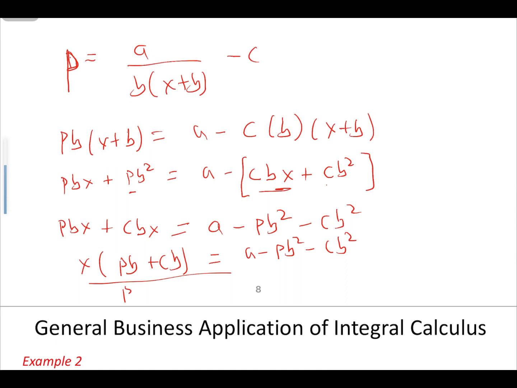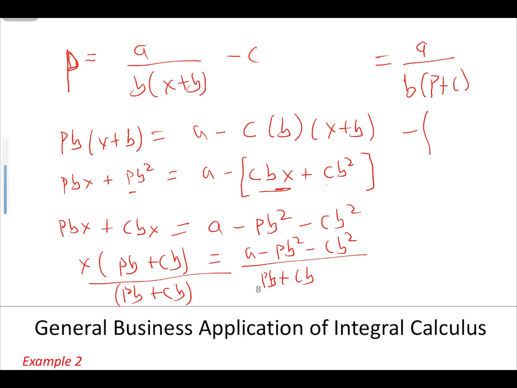So when we divide by PB plus CB, B is a common term inside, right? So based on this, we can say that we can have our A over B out, P plus C, and then minus, when we do minus here, it means that here will become positive, right?